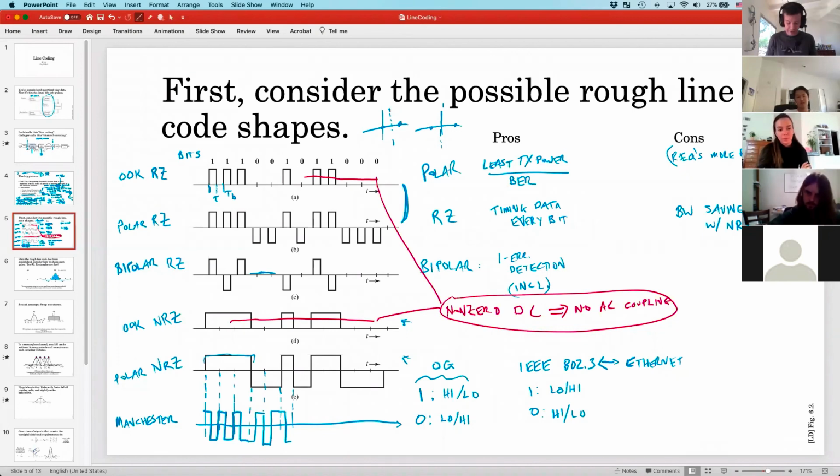Okay, so can you see how this is pretty nice, because you get timing on every bit, regardless of whether it's a 1 or 0. You get a DC balanced signal. It's going to be bandwidth intensive, right? There is lots of chopping going on here. In fact, every bit requires chopping, so we're going to pay for this in the frequency domain.